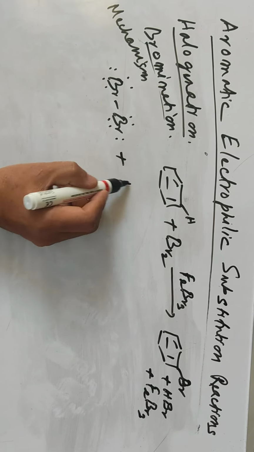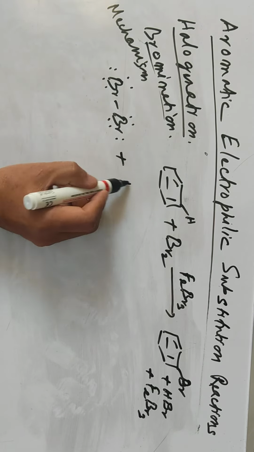So first it gives an intermediate, and the bromine attacks the iron. Now the Br becomes slightly positively charged and the iron becomes negatively charged. So this is the first step.